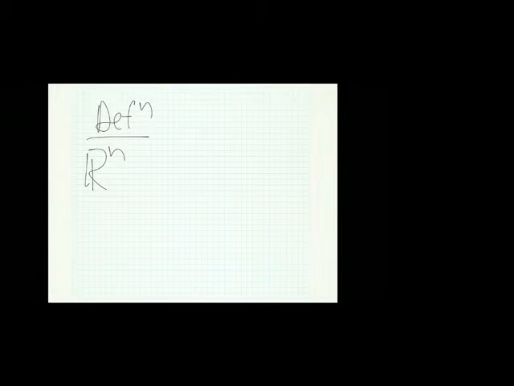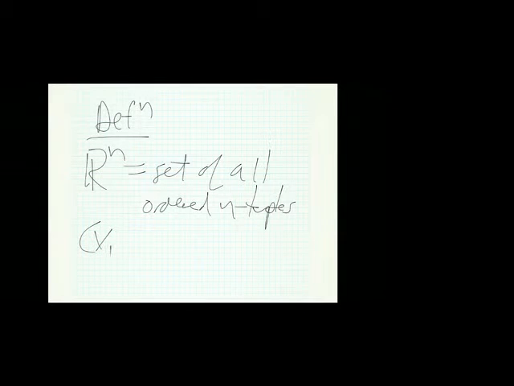So Rn is the set of all ordered n-tuples, say x1, x2, until you get to xn, where each xi is a real number. So this is just naturally generalizing what we did with R2, except now we don't just have a pair of real numbers. We have an ordered list of n real numbers. Okay, so that's simple.